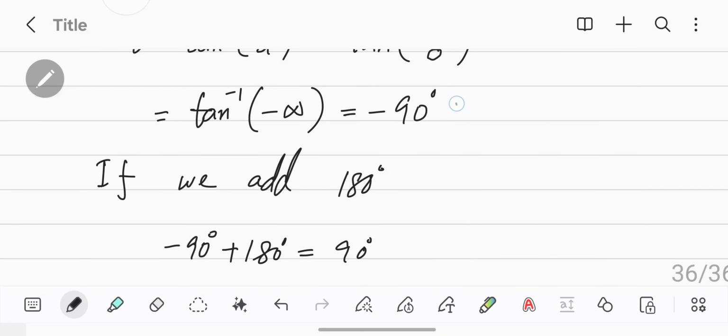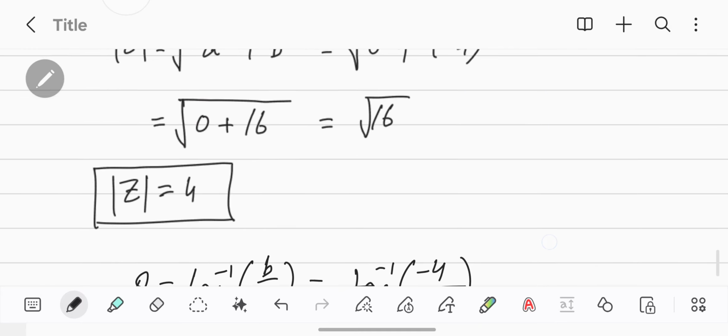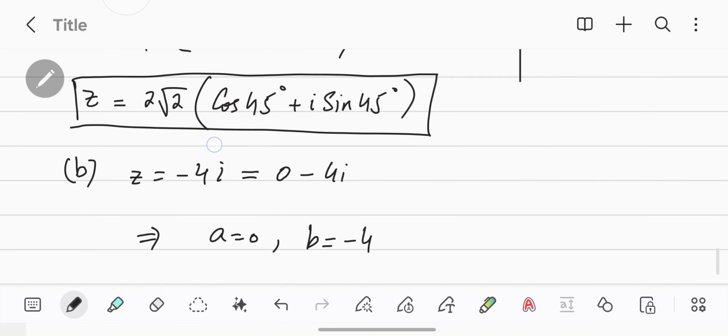So here is the complex plane. My complex number was negative 4 iota, right? 0, negative 4 iota. That means along the x-axis I have to cover 0 distance. That means I have to stay here. Along the x-axis I have to neither go right nor go left, because x is 0. Along the y-axis I have negative 4.